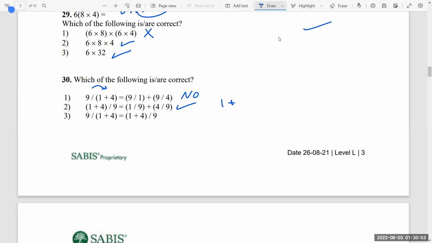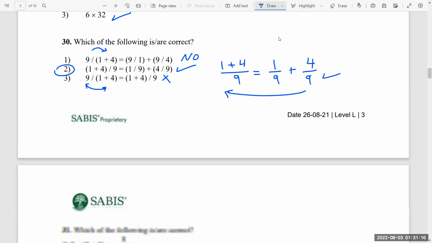Because 1 plus 4 over 9 is originally 1 over 9 plus 4 over 9. So it's correct, but we go this way. Okay? 9 over 1 plus 4, no, he commuted between the two amounts in division. We cannot commute in division. This is incorrect. So only number 2 is correct.